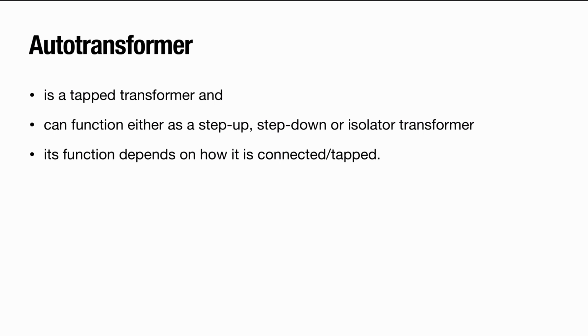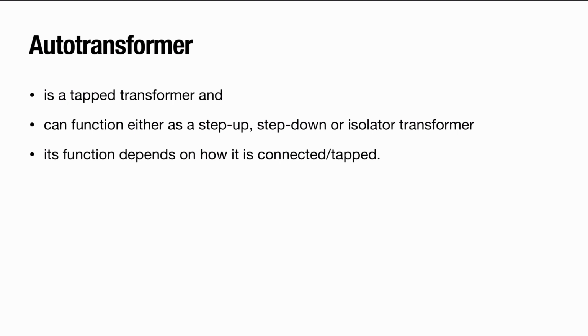And where you make connections, at least on the secondary side, changes the characteristic of the transformer or what role it plays in that circuit. The point is, it's versatile. It can work as a step up, a step down, or an isolated transformer. So its function depends on how it's connected.